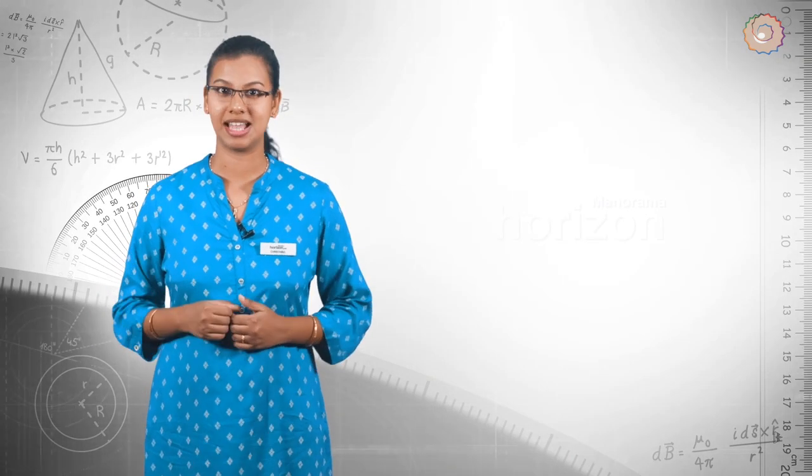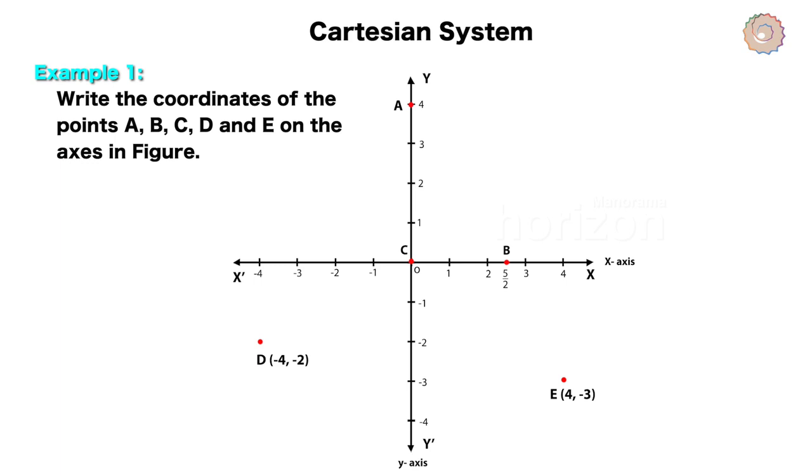Let's see another example. Write the coordinates of points A, B, C, D and E on the axis in the figure. For A, the x coordinate is 0 and the y coordinate is 4. So it's (0, 4). For B, the x coordinate is 5 by 2 or 2.5 and the y coordinate is 0.